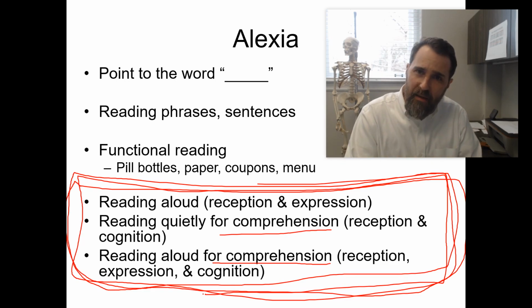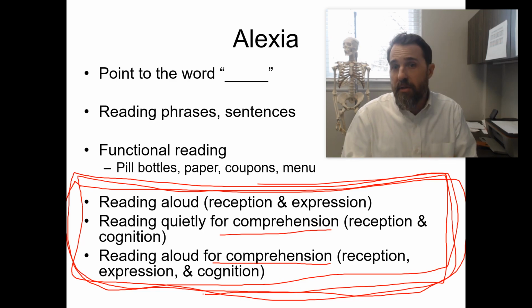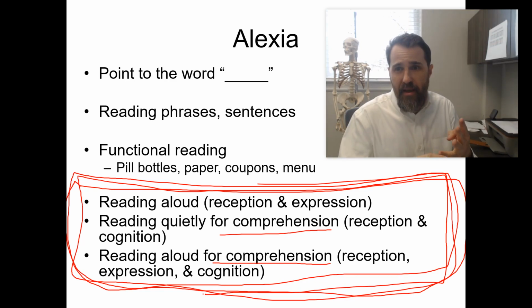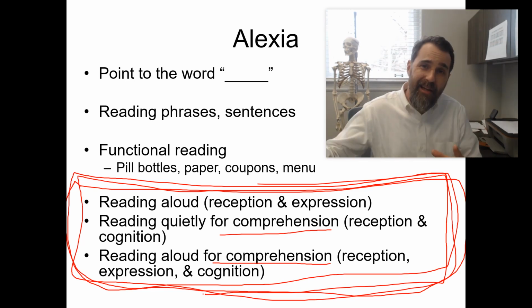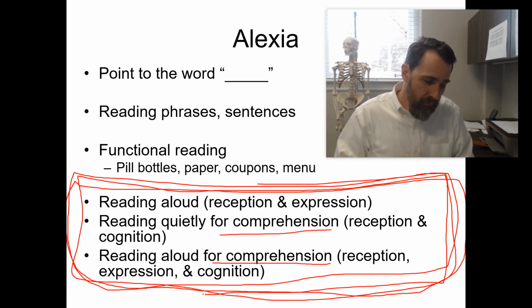So reading quietly for comprehension. It's more complicated than you think, because you're not only testing reading, you're testing sustained attention and short-term memory. And if they're going to respond verbally to your questions, then you're bringing in verbal expression as well.